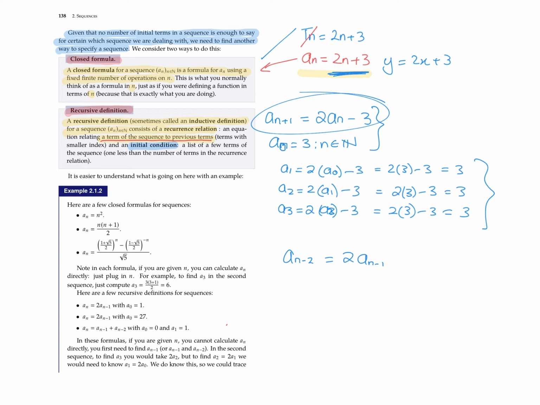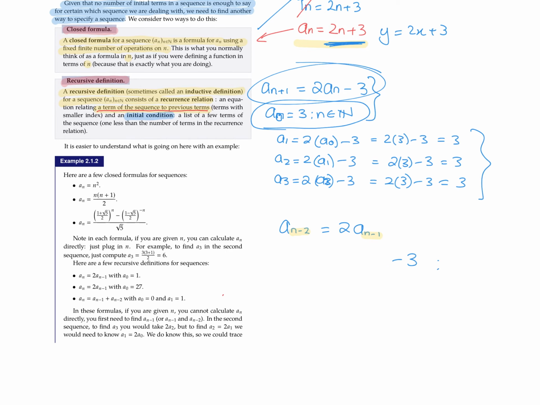Now, folks, please note that these are subscripts. They're not in the power, and they don't stand next to the number. So it's twice the previous term minus 3, and then again, you obviously have an initial condition that's been given to you. Okay, so let us see how this is going to work.